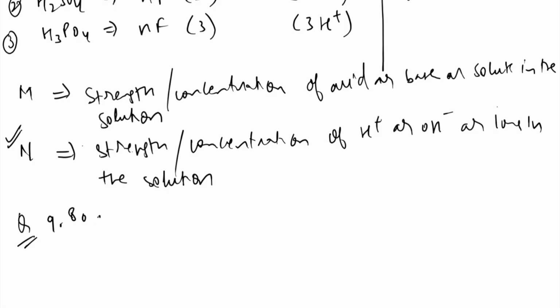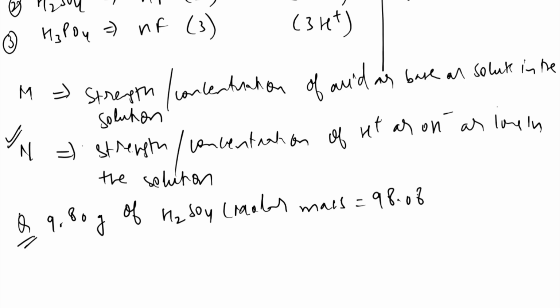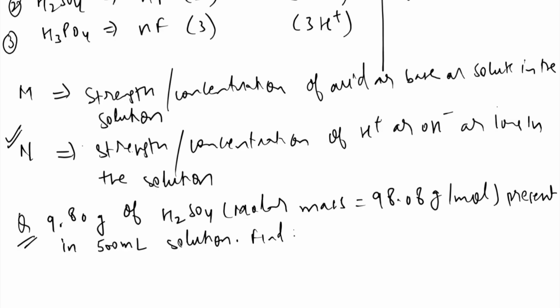Let's say we have 9.80 grams of H2SO4 with molar mass 98.08 grams per mole present in a 500 ml solution. Find its normality.